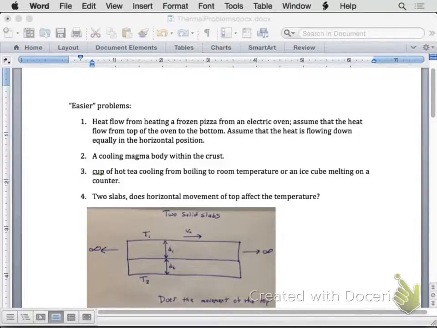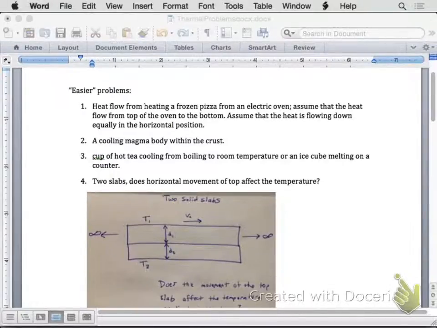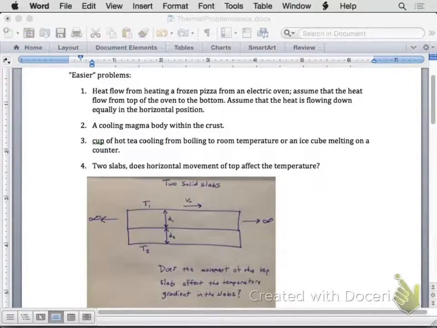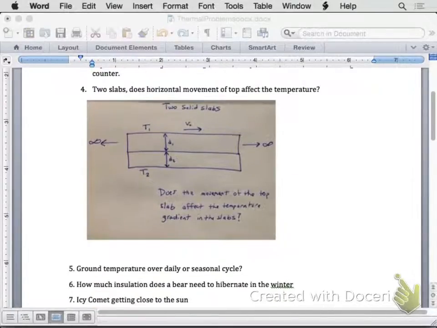So who wants to do the first, instantaneous cooling of something starting from an initial condition? Okay, you two. Who wants to think about movement along with it?